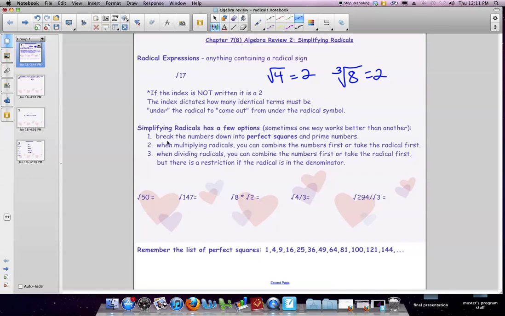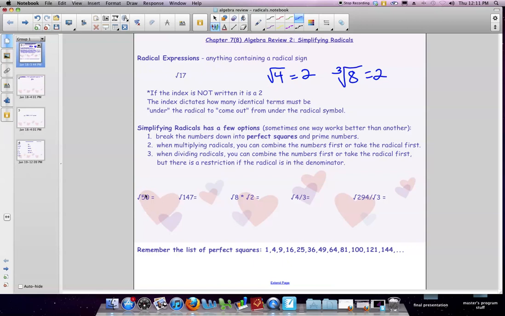Okay, so simplifying radicals. There's a few different ways to do it. First of all, if your number under the radical sign has a perfect square as one of its factors, then you should break it up into the biggest perfect square that's inside that number, and a prime number then goes with it.